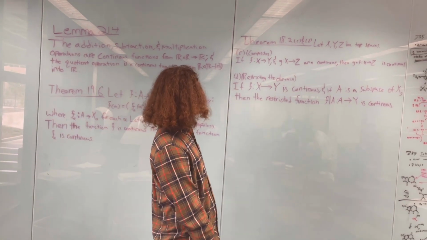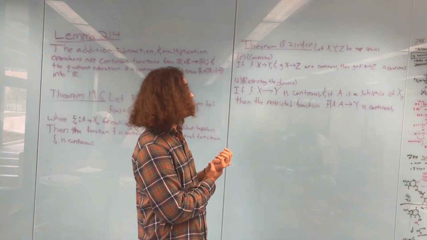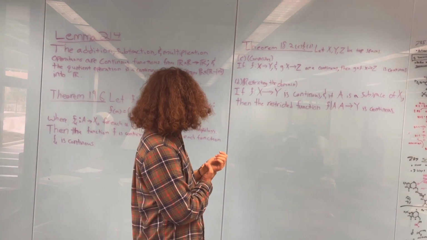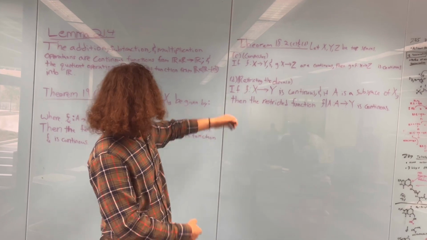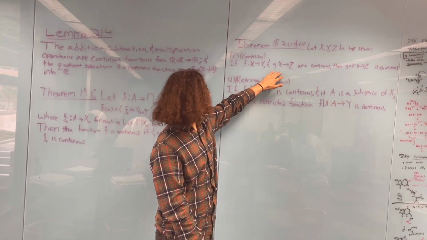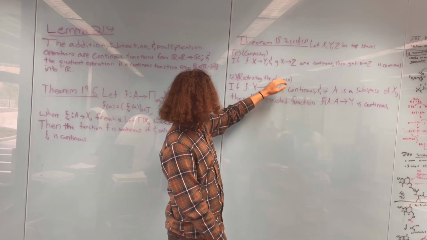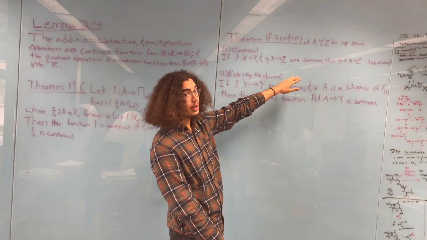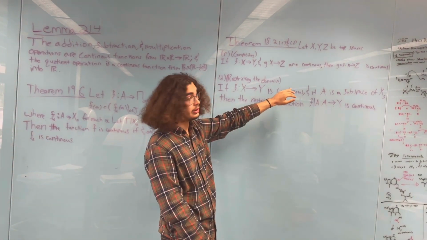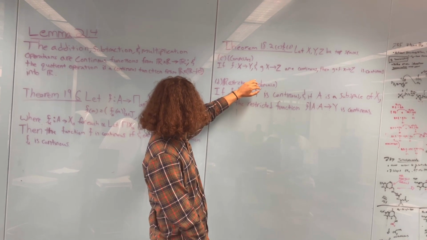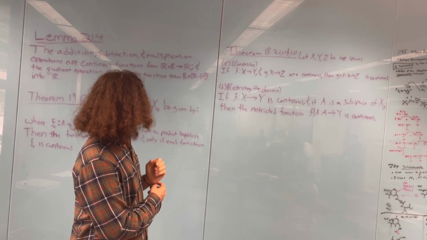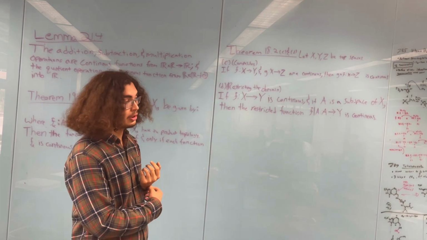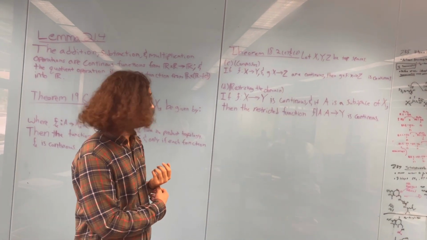Next theorem is 18.2. We use parts C and D. Let X, Y, and Z be topological spaces. First, we're going to use the composites. If f is a function from X to Y, and g is a function from Y to Z, and both these functions are continuous, then the composite g∘f from X to Z is also continuous. The idea here is that you simply take an open set and move it through each topological space, and the result follows almost immediately.